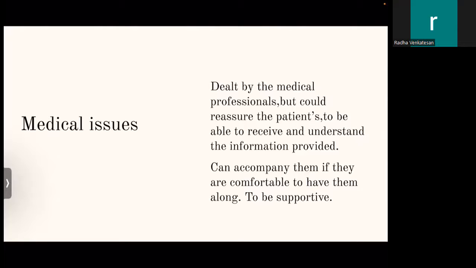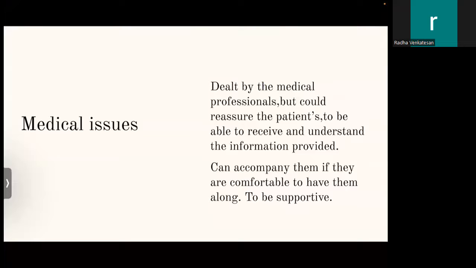In those situations, if the patient feels comfortable, you can accompany them and be with them as a supportive person, which itself may give them some confidence. They may feel, oh, I'm not all alone in the world. I have got someone who can come with me.